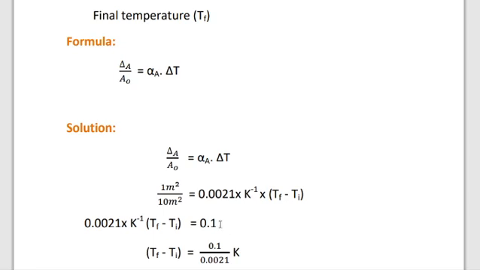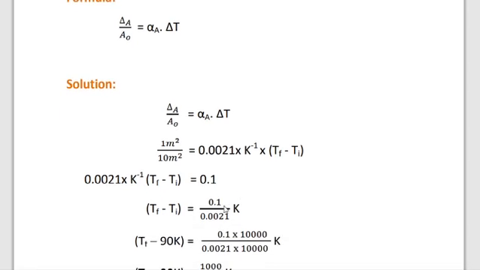So substitute the values. Del A equals 1 meter square, AO is equal to 10 meter square, alpha A equals 0.0021 into K power minus 1. Then we get 1 meter squared by 10 meter squared is equal to 0.0021 into K power minus 1 into TF minus TI.